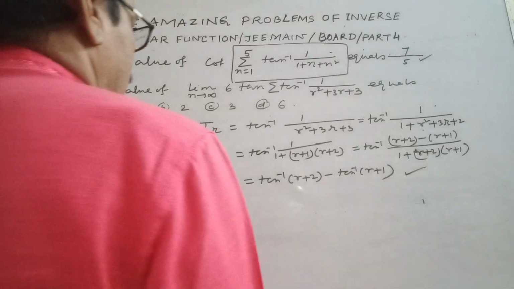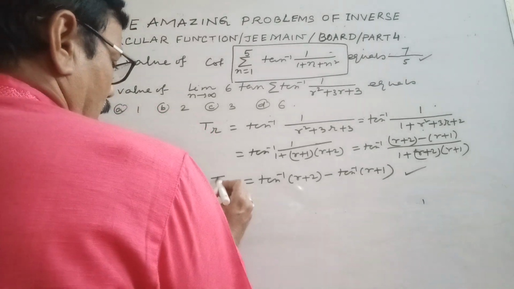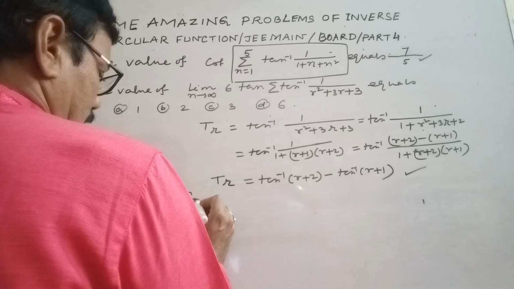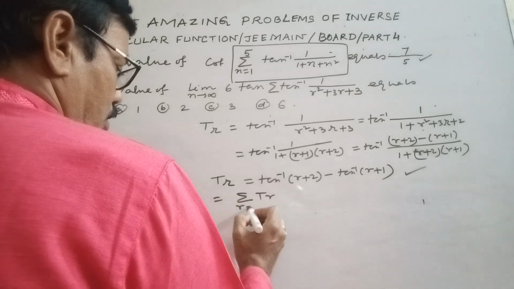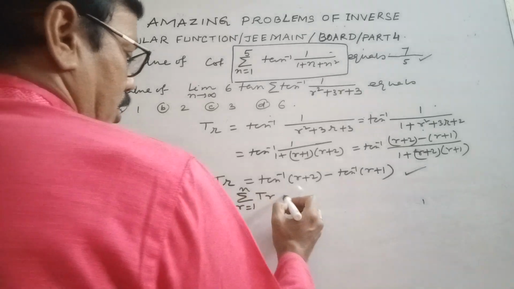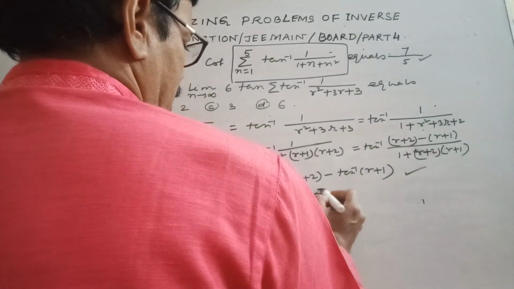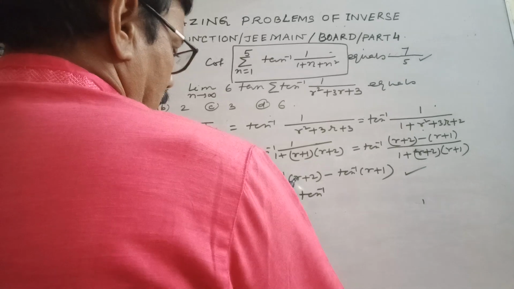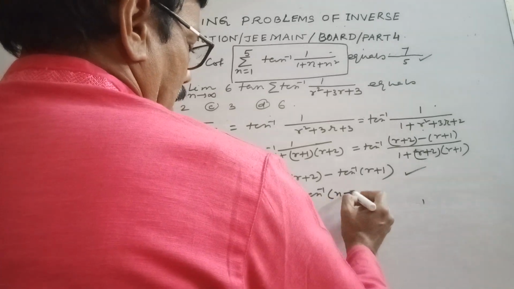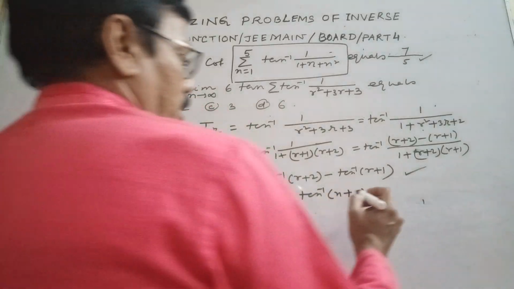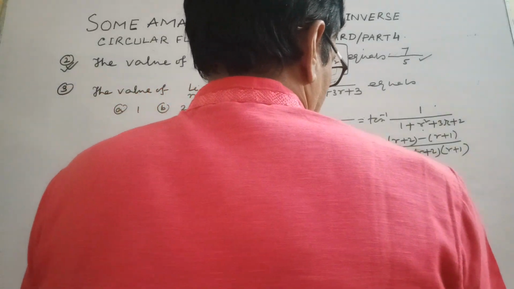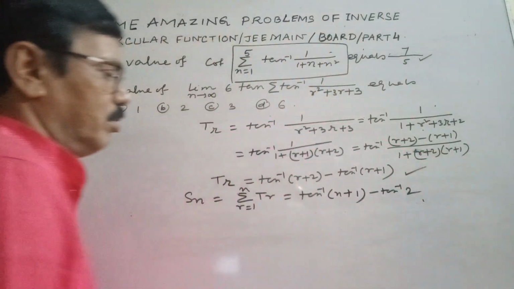Now this is Tr. Now what is Sn? Sn equals summation Tr, r equals 1 to n. I have already discussed it. It will be obtained by putting r equals greatest value minus r equals least value.